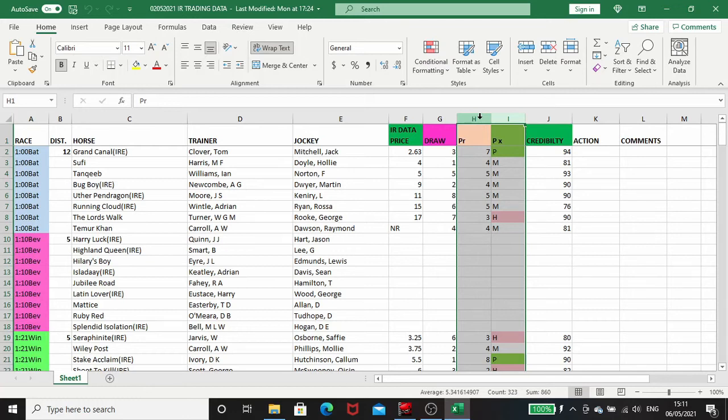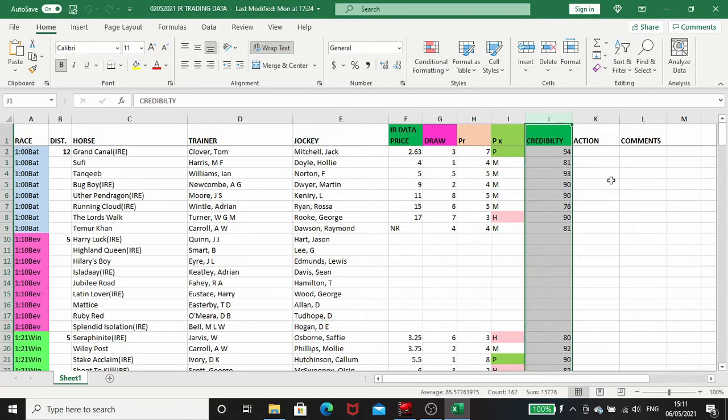The pace rating figure is calculated using the horse's history, but also adjusts for the impact value of such things as change of trainer, different headgear, etc. So it's quite a clever tool.